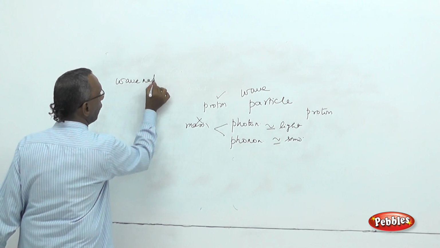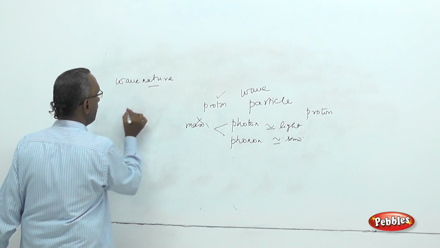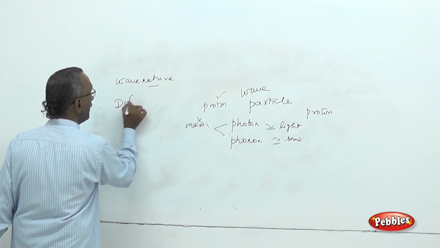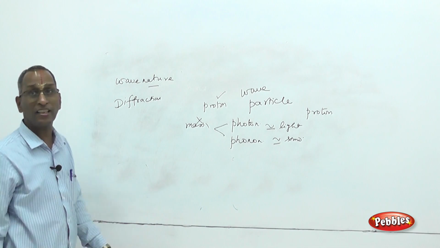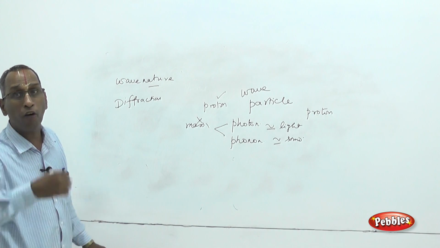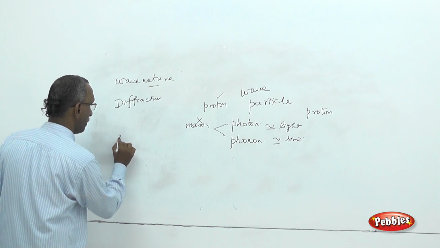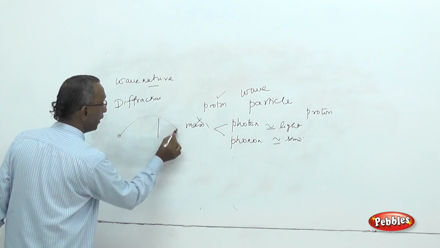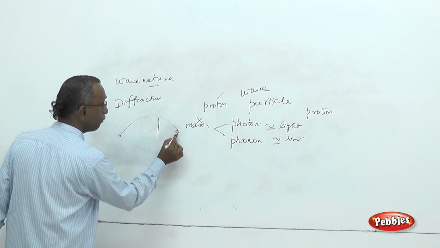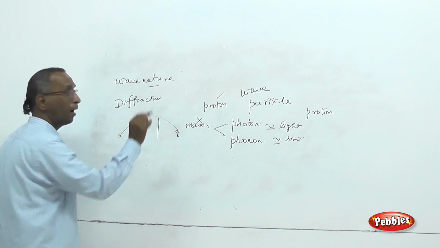The wave nature of light is established by a physical phenomenon called diffraction. Diffraction is the bending of light around an obstacle. There is a light source and there is an obstacle. He observed that the light from the source was seen behind the obstacle.